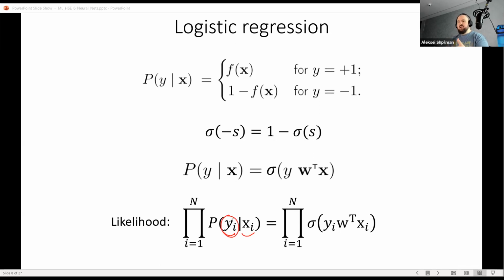So yi is the class of xi, and so this is the probability of the correct class, and we want it to be closer to 1, right? So we want our classifier to have, if the point of the class is positive, we want this to be as close to 1 as possible, and if the class of the point is negative, we want it to be as close to 0 as possible, right?